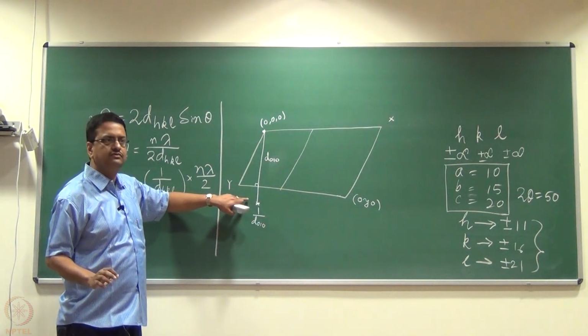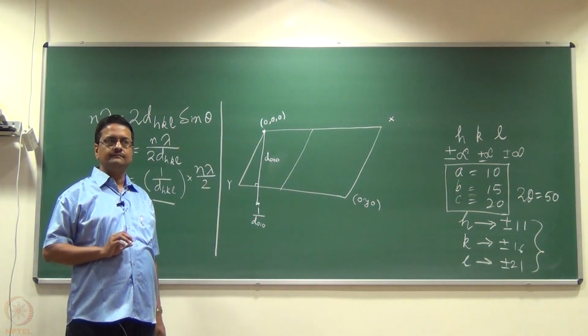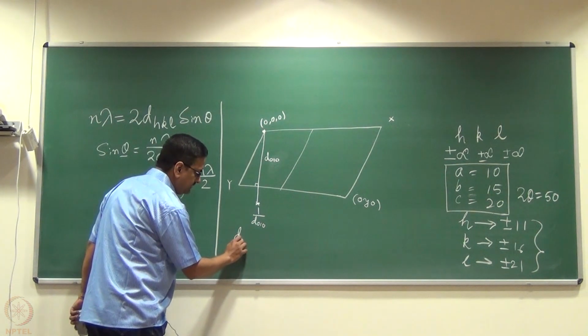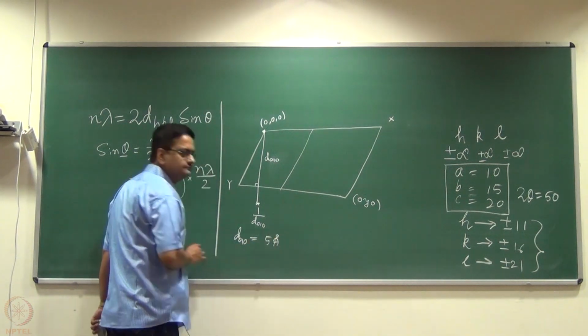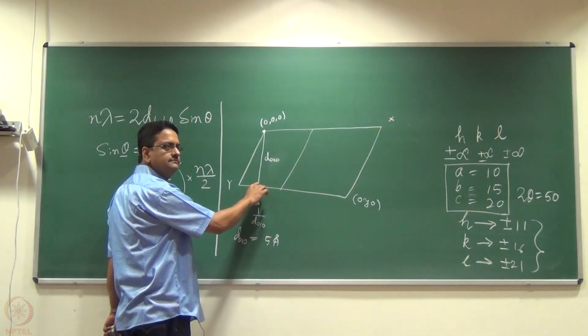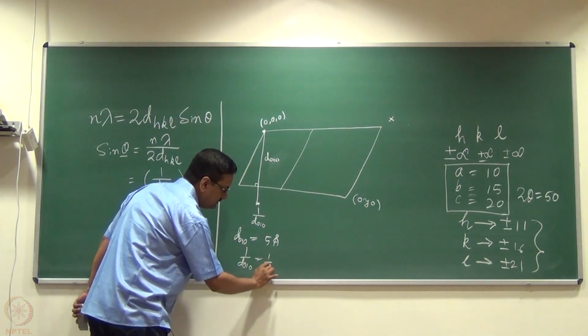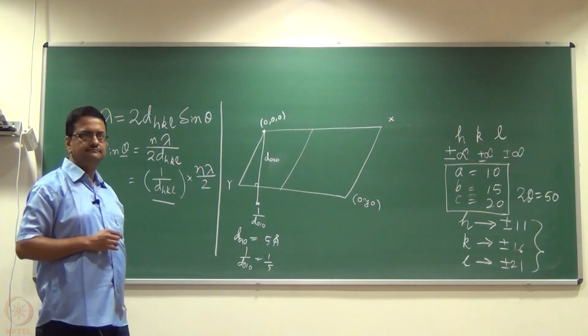It can be outside, it can be inside, depending on what is the value of D. Suppose D010 is 5 angstrom, so 1 by D010 is 1 by 5. So it should be somewhere there, like that.